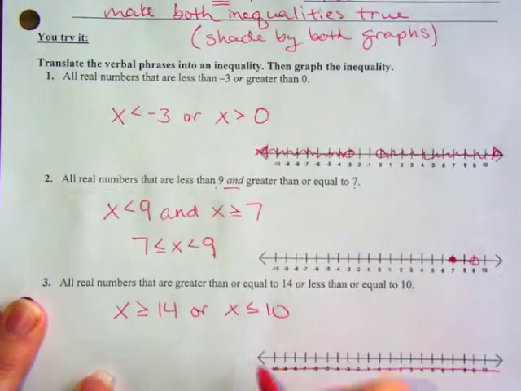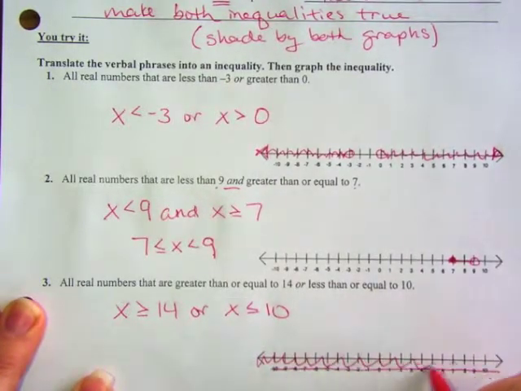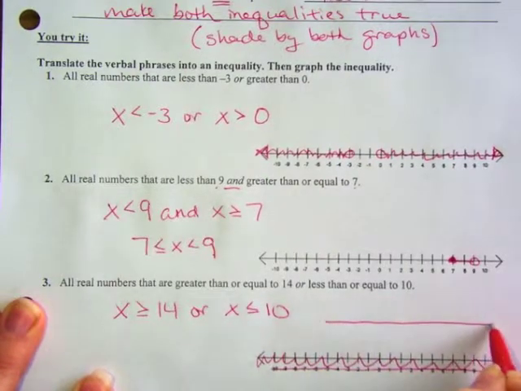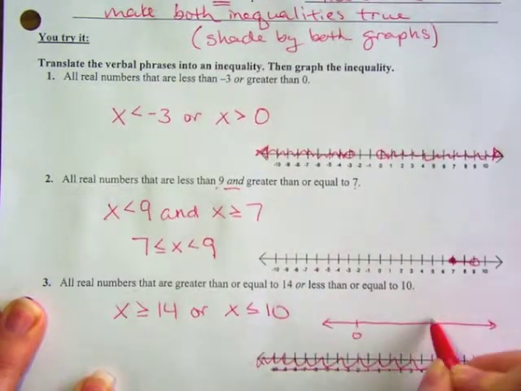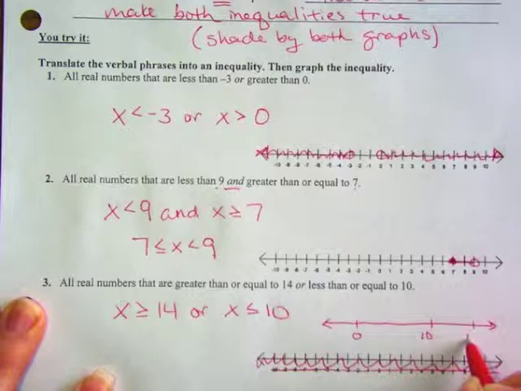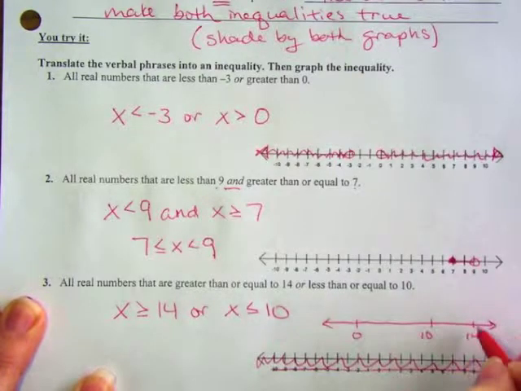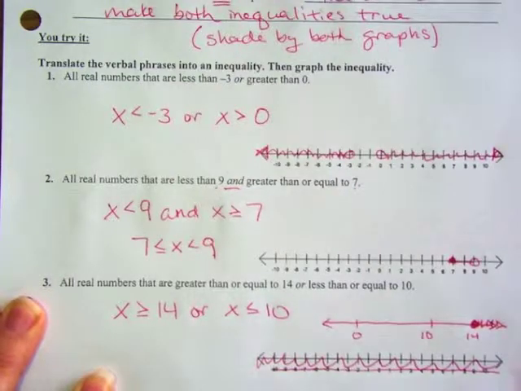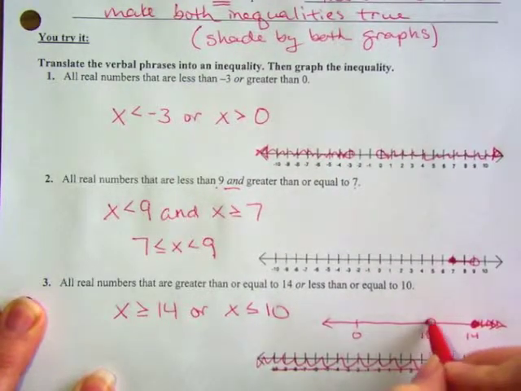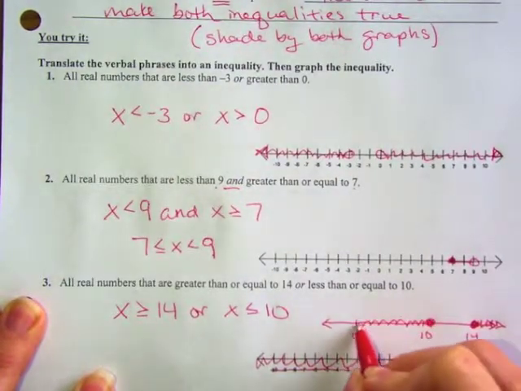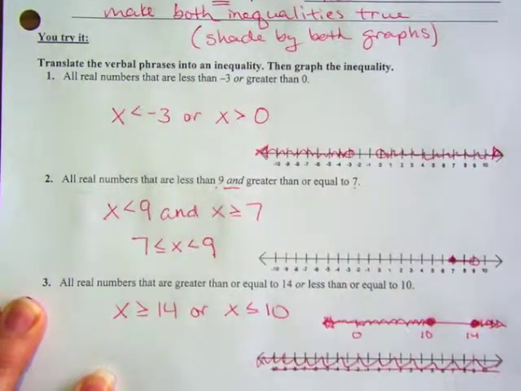We'll just get rid of the whole graph because we're going to draw our own. We want a 0, a 10, and a 14. We want to be greater than or equal to 14, so closed circle at 14, graph goes to the right. Less than or equal to 10, so closed circle, and our graph goes to the left for 10. That would be the graph that I would expect for that one.